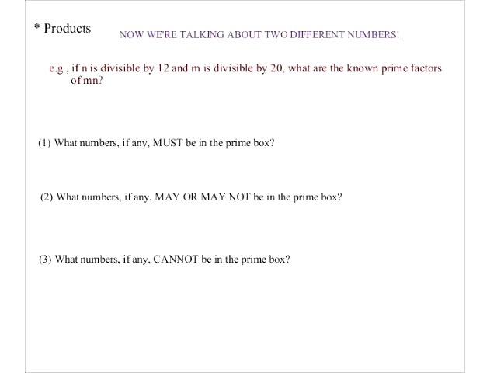So this is n is divisible by 12, and m is divisible by 20. Notice this is different, okay? This is n carrying 2 2s and a 3. And this is m carrying 2 2s and a 5.